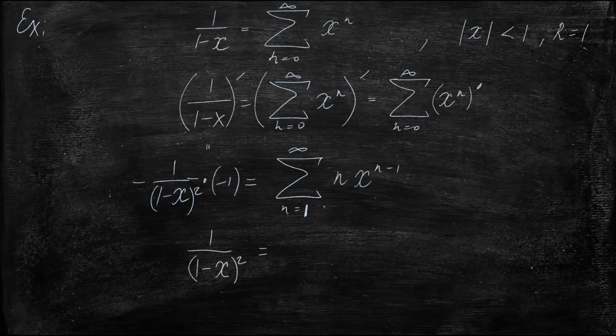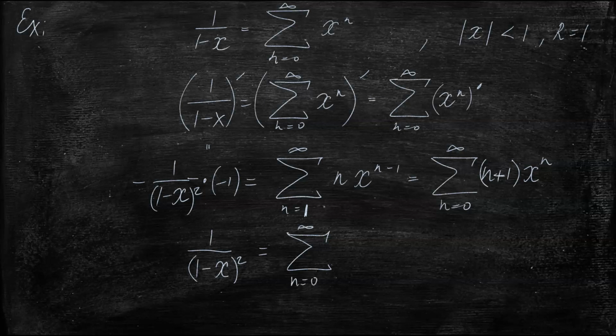So the left hand side became this function, and the right hand side we can leave as this, or we can reindex it and start it at 0 by adding 1 to every n inside of the sigma, and then the answer, what is the power series of this function, is the following.